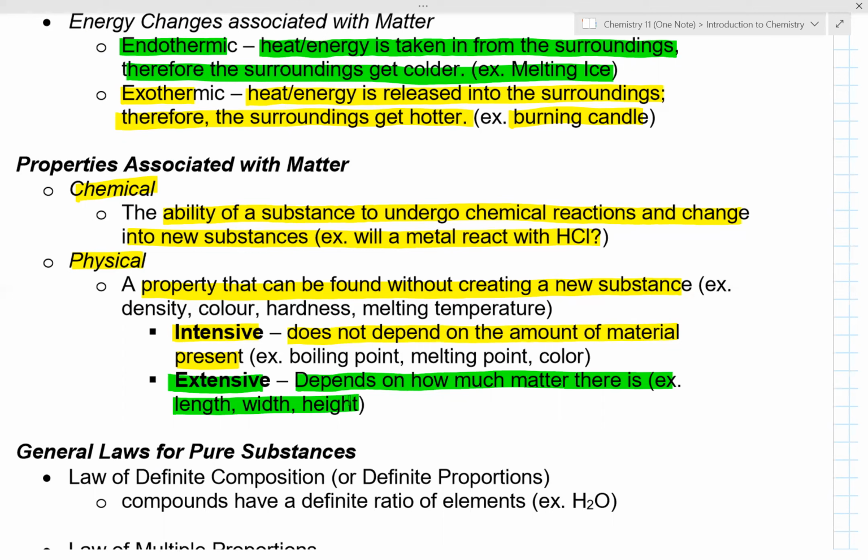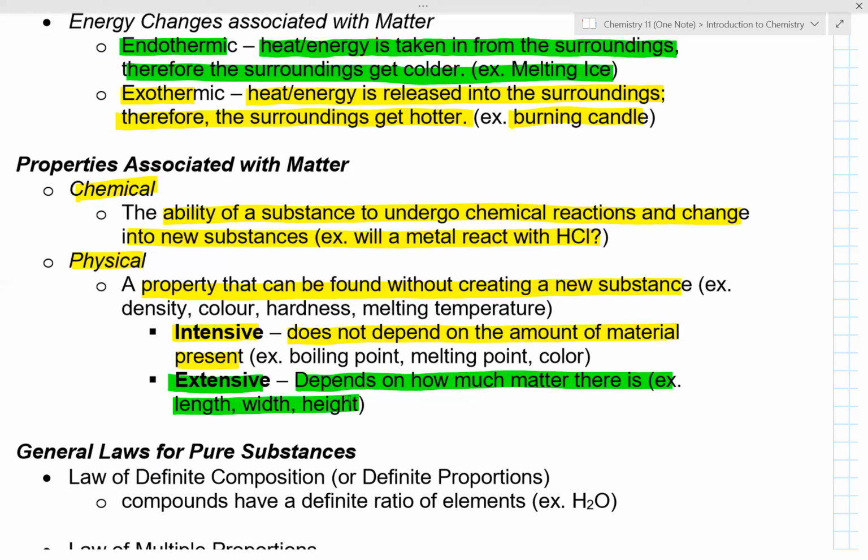You can dye your hair, you can bleach your skin, you can change your name, you can get piercings, tattoos, whatever. You will never, ever be able to change that. An extensive property would be how tall you are, how much you weigh, what your waistline is. Those are all extensive properties, okay? So that is the difference between intensive and extensive.